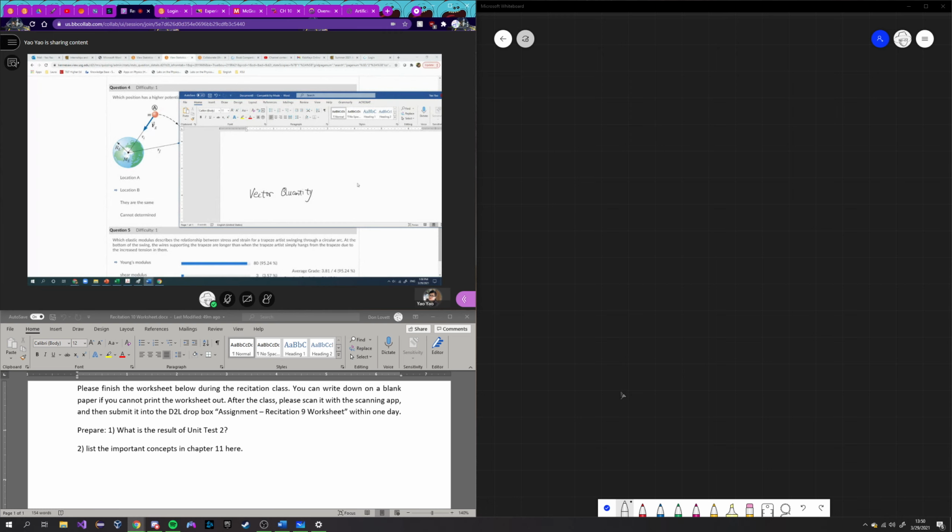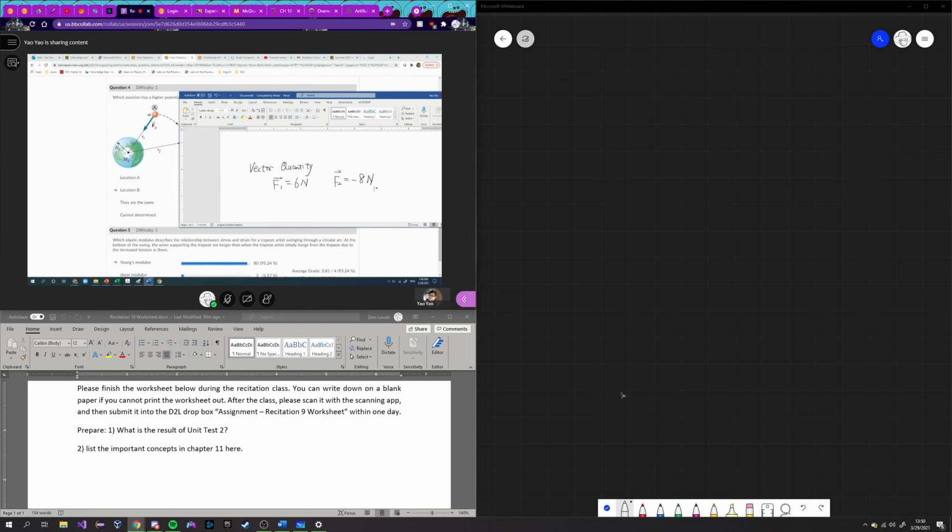I have two forces. One force is applied to the right, and I say it's 6 Newton. And another force is applied to the left. I say it's 8 Newton, but because it's to the left, I say it's minus 8 Newton.